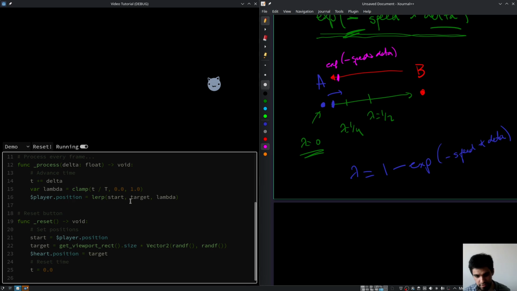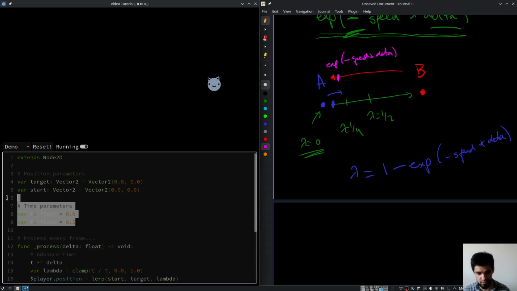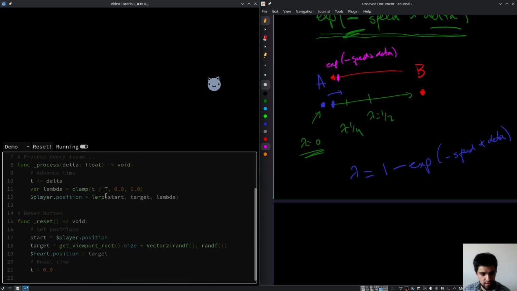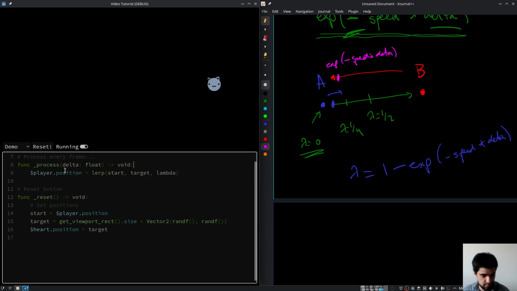So how does that work in practice? Well, first we can remove all of the time parameters. We can also remove the start. We're no longer going to need it. We no longer need to advance time, but we will need our delta. And now the player position is going to be a linear interpolation. Usually it goes from the start to the target, but once again, we're now going from the end to the beginning.